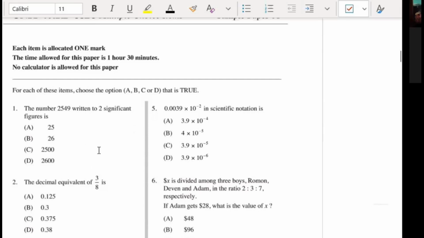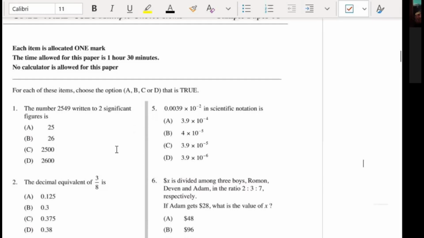So this is an approximation. Since it's two, the first two digits are 2 and 5, the next one is 4. So we leave the 2 and the 5 unchanged, and we put zeros instead of the 4 and the 9, so the number would be 2,500. So the correct answer is C.